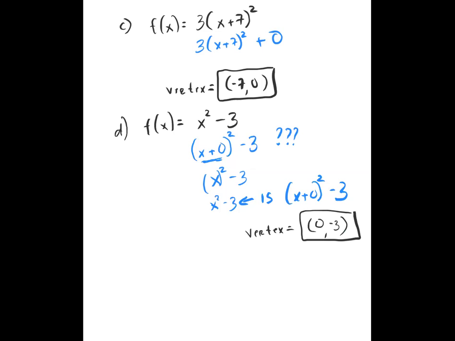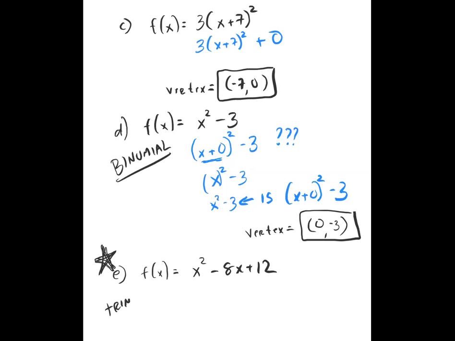So very nice problems of finding the vertex. But now we get into something like this. Put a star here. And understand that D is a binomial and E is a trinomial.